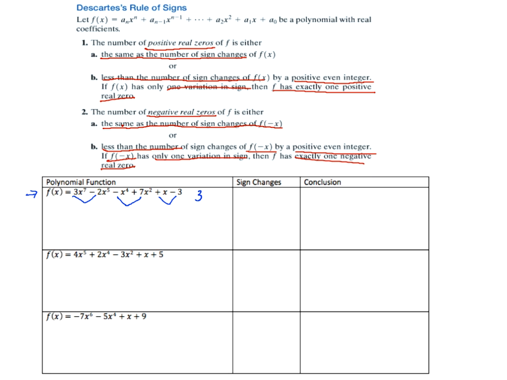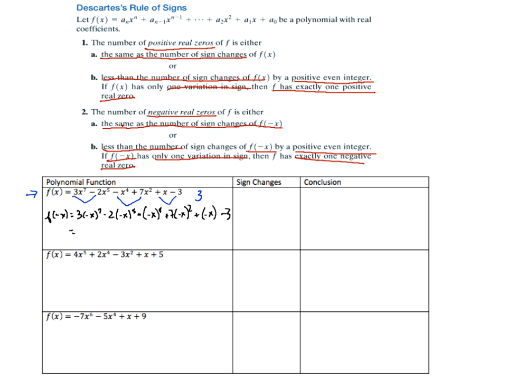for f of x. Now f of negative x, first we have to see what's going to happen with f of negative x. So that's 3 times negative x to the 7th minus 2 times negative x to the 5th minus negative x to the 4th plus 7 times negative x squared plus negative x minus 3.